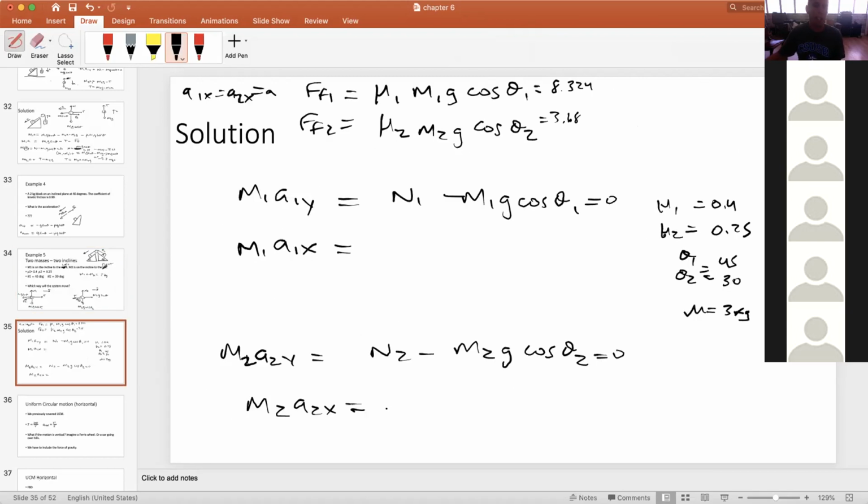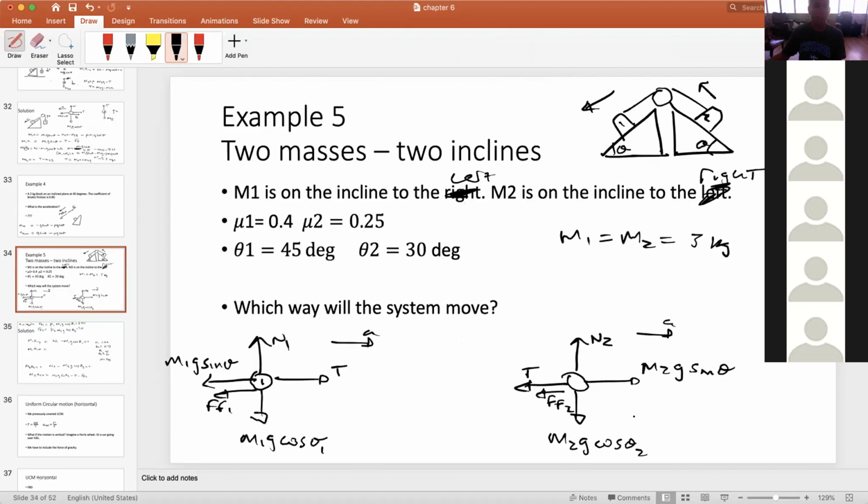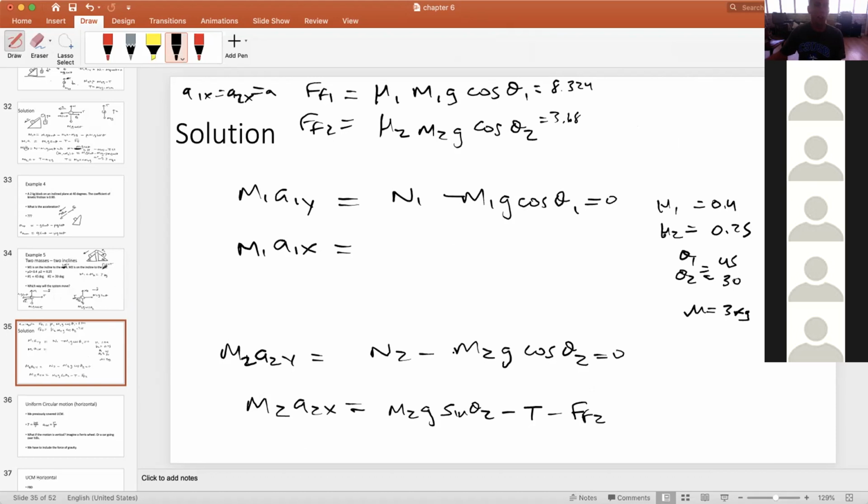So this is M2G sine theta 2 minus T minus force of friction 2. That's from here. This one would be T minus M1G sine theta 1 minus force of friction 1.